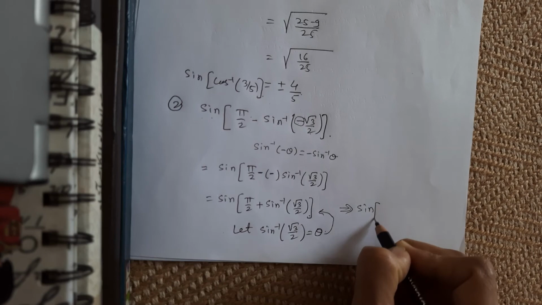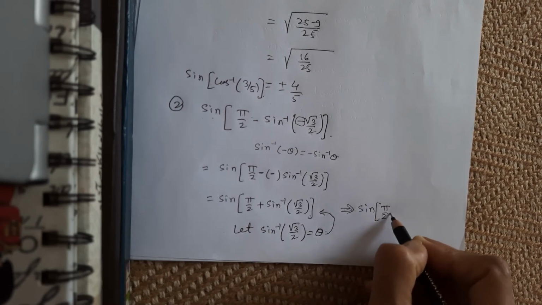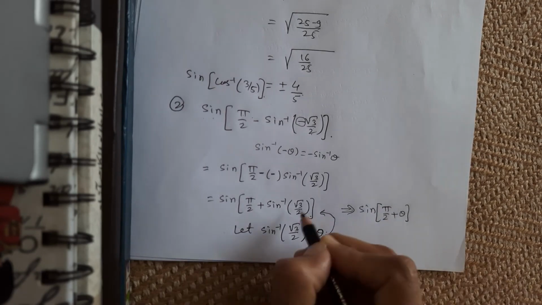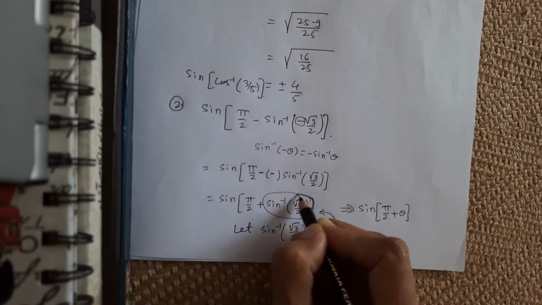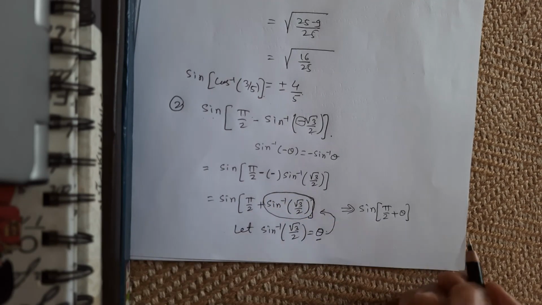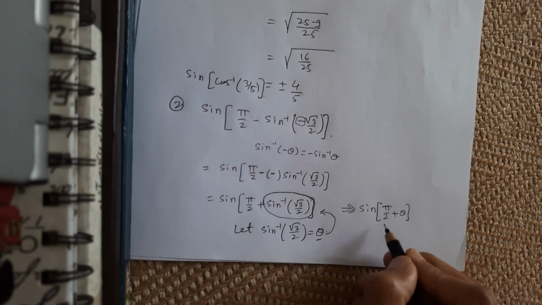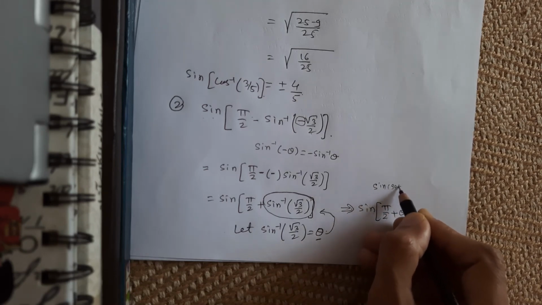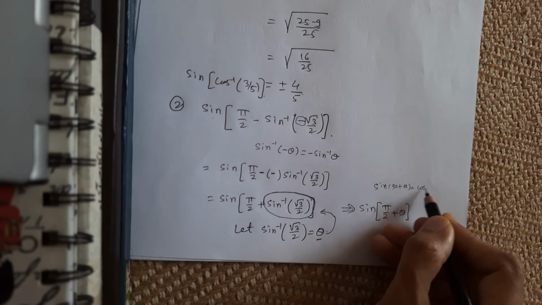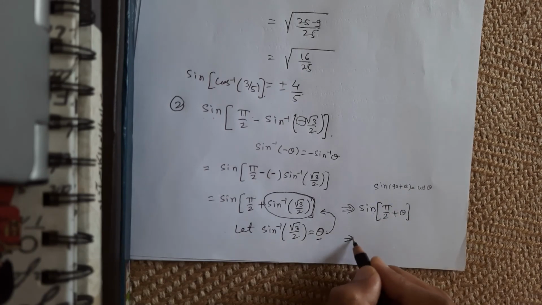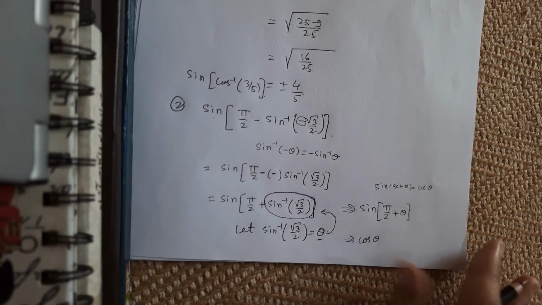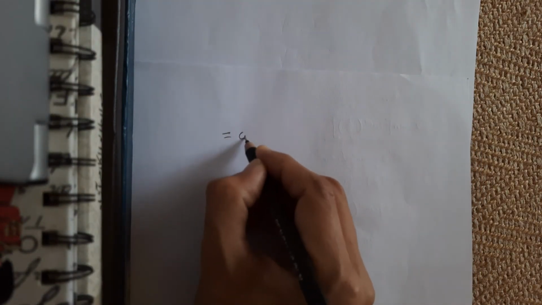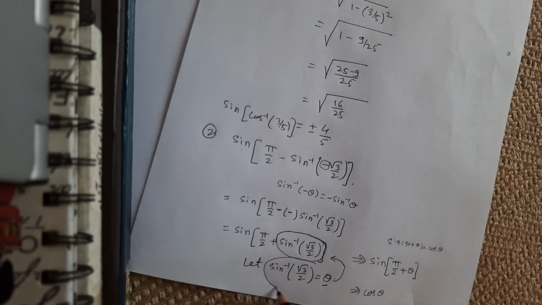Sine of pi by 2 plus theta. And from the formula I know sine of 90 plus theta. What is the value of sine of 90 plus theta? It will be cos theta. So this will become cos theta. Okay. So cos theta is nothing but, and what is the value I substitute for theta? My theta is nothing but this.